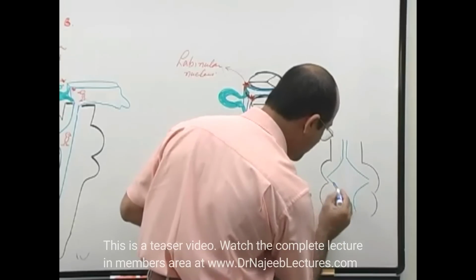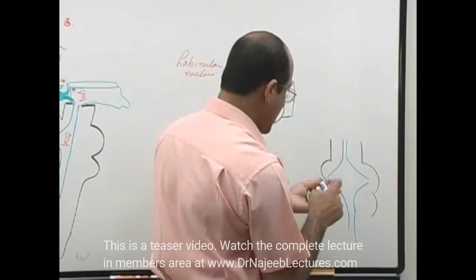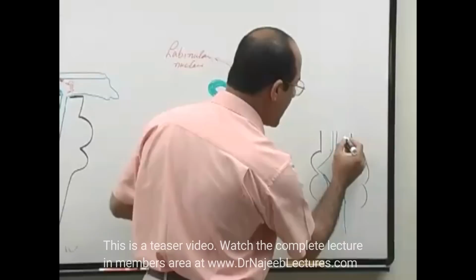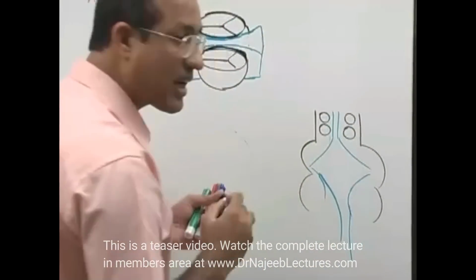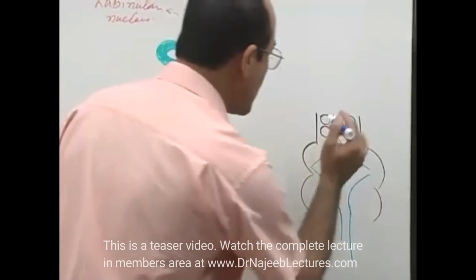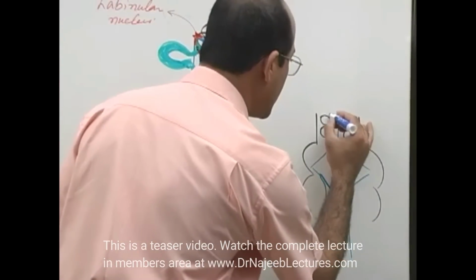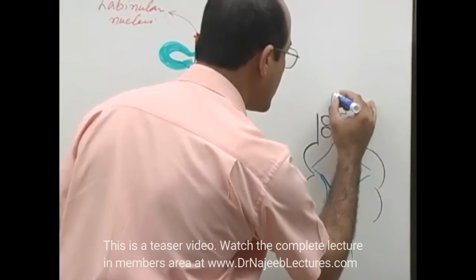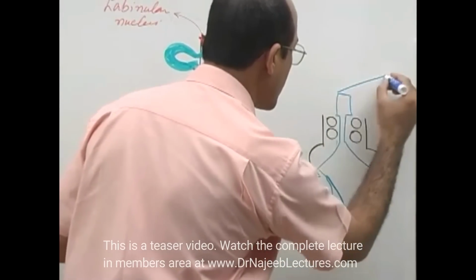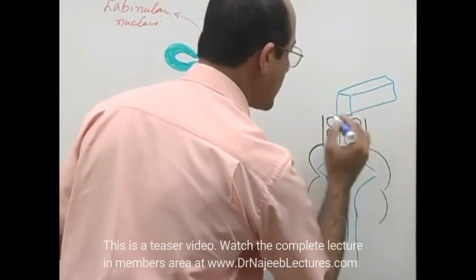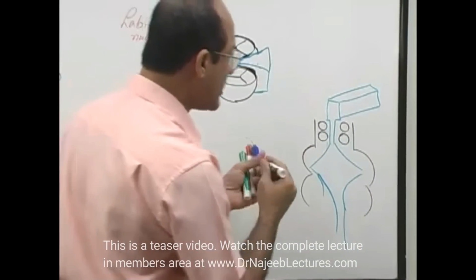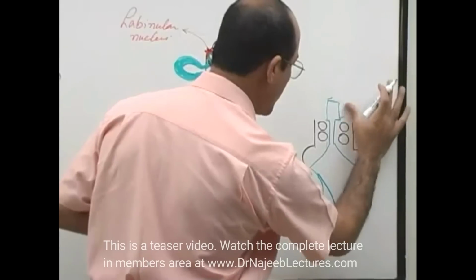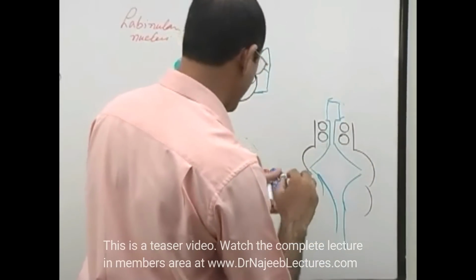Fourth ventricle. And on the back of the midbrain you have the superior colliculi and inferior colliculi. These structures are clear? No problem? And what is the structure now here? Third ventricle, is that right? And on the side of the third ventricle, what is the structure here?